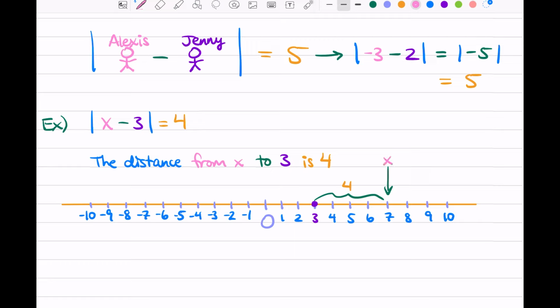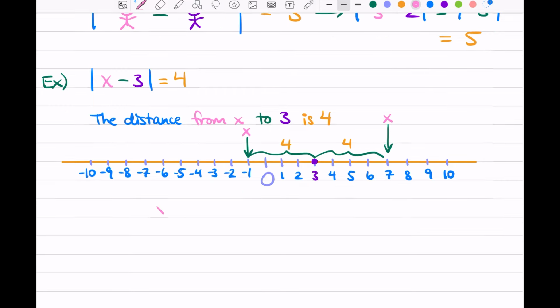The distance from x to 3 is 4. However, x could be on the other side of 3. So let's mark 4 steps on the other side. So x could be right there. So there's 2 spots that x could be using our clues. x could be -1, or x could be 7.